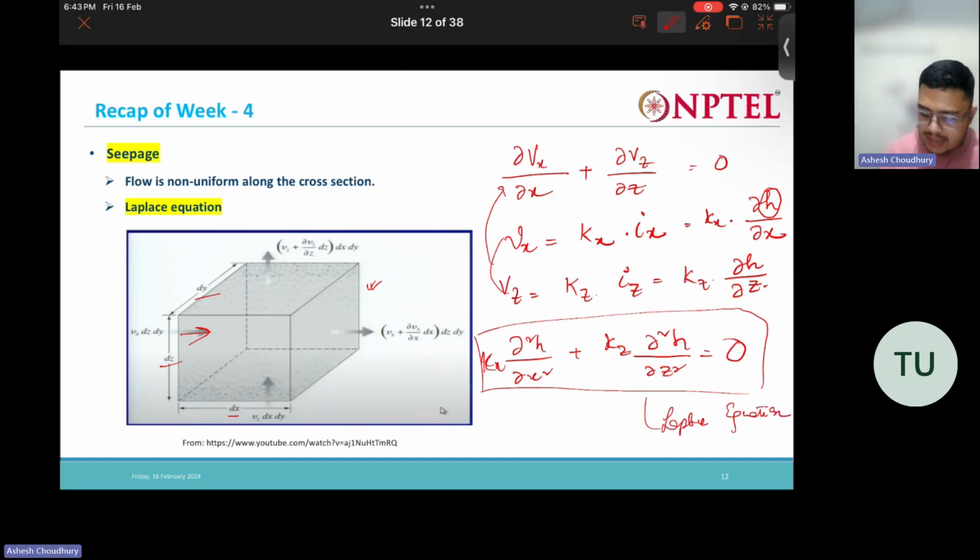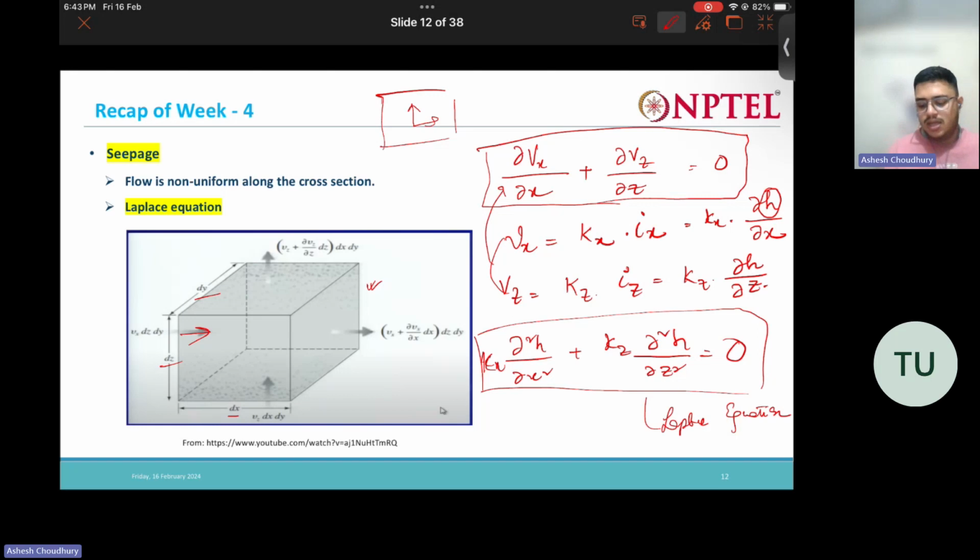So this you are considering for 2D flow. Say the flow is only taking place in two dimensions, and the flow in the other direction we are not considering here. So that's a two dimensional plane strain analysis. So this is the Laplace equation: Kx dou square h by dou x square plus Kz dou square h by dou z square equals zero. H is the flow head, the head loss.